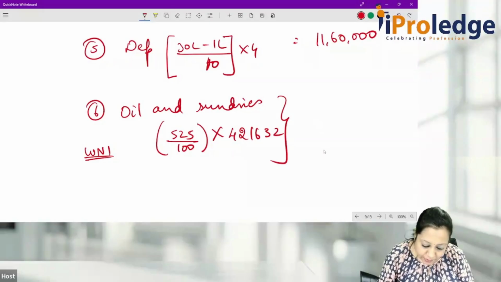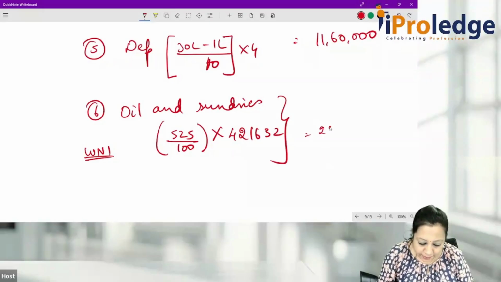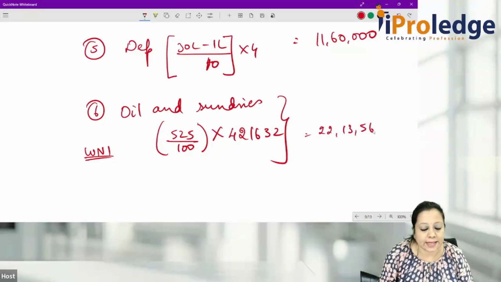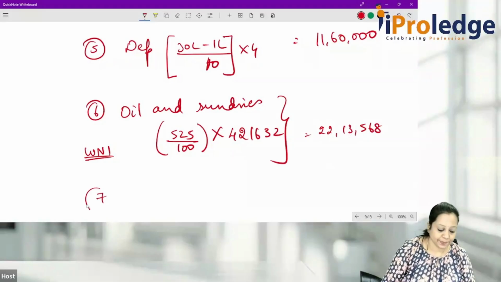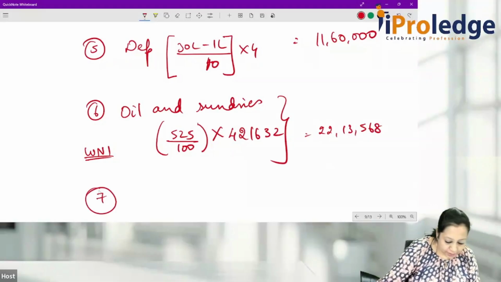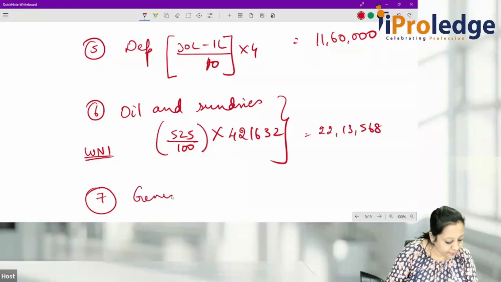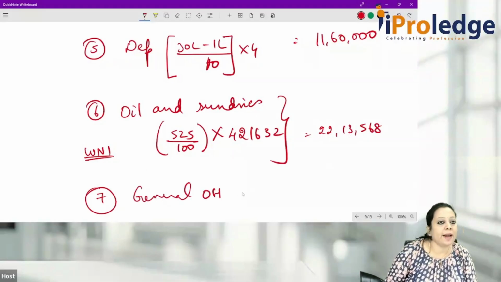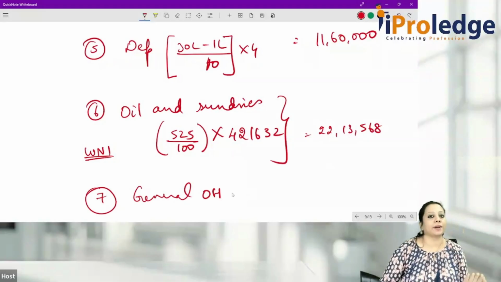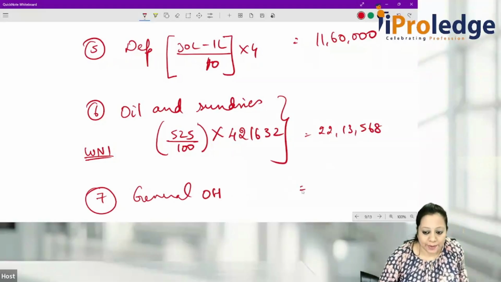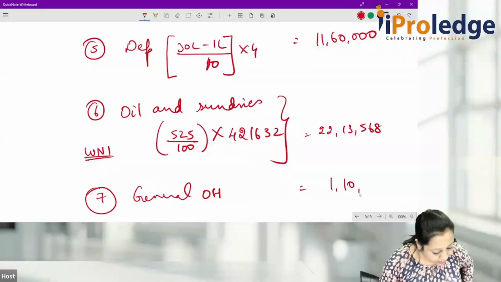So 22 lakh 13,568. Last one, general overhead. Because it's given overhead, I'm considering that it is for all 4 trucks because it is overhead. So it is 1,10,840.